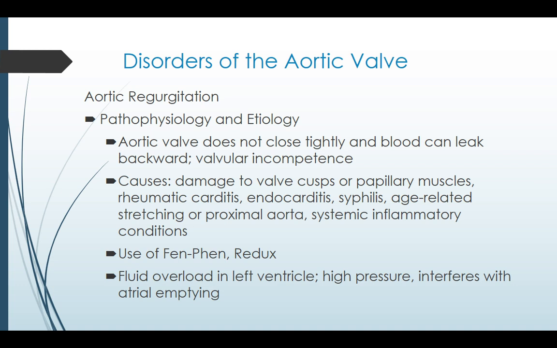This is one you see in heart attacks sometimes, that they affect the papillary muscles and they don't work correctly. Rheumatic carditis, endocarditis, syphilis, age-related stretching of the proximal aorta, systemic inflammation, and so on and so forth.